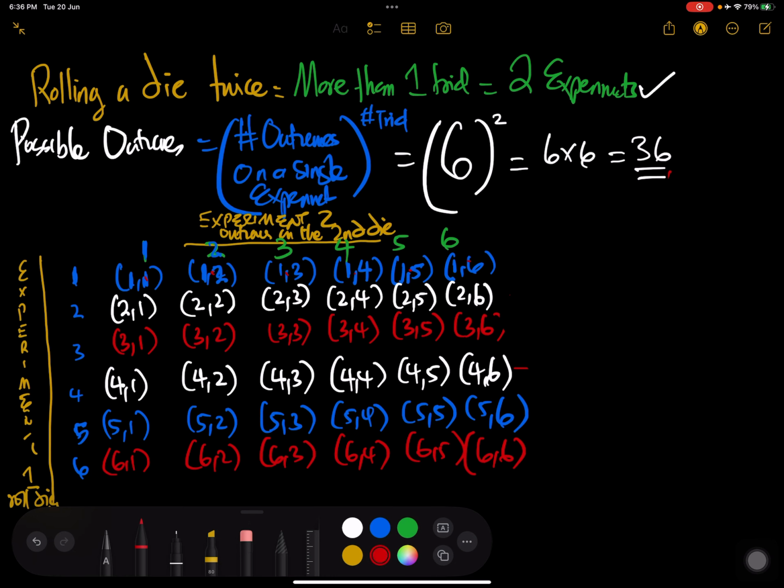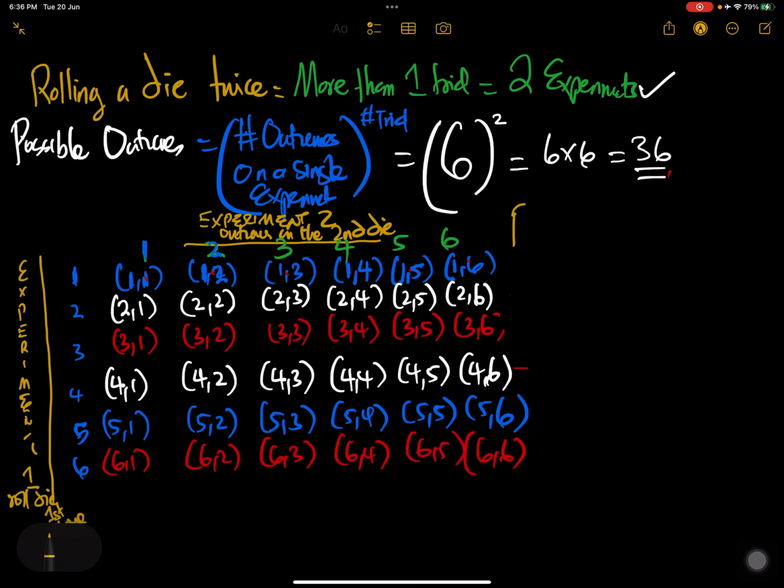We can be asked, what's the probability that when you add both of these dice together, you get a number that is less than or equal to 9?